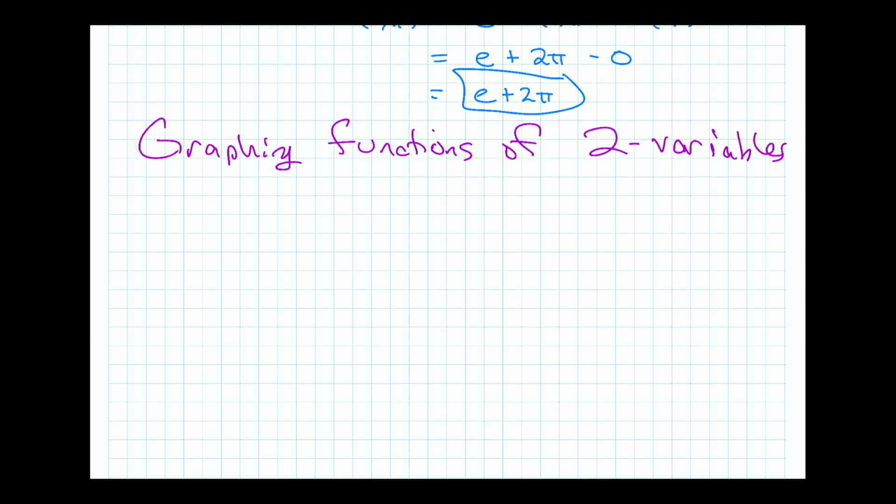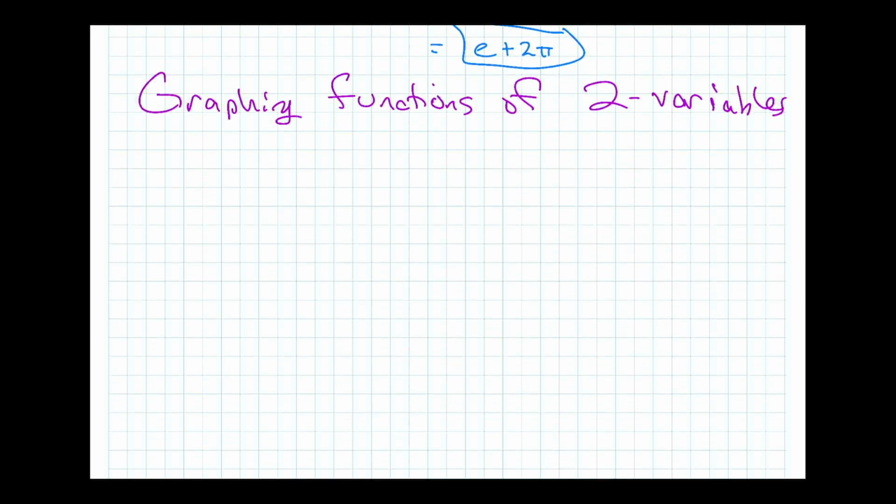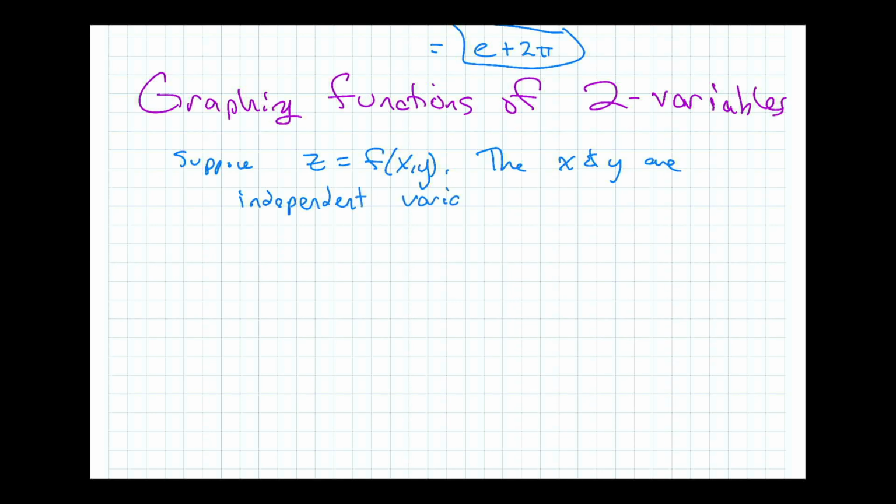All right. So let's just summarize what we're looking at here. Suppose z equals f of x, y. The x and the y are what we call the independent variables, because we can let them be anything, potentially.